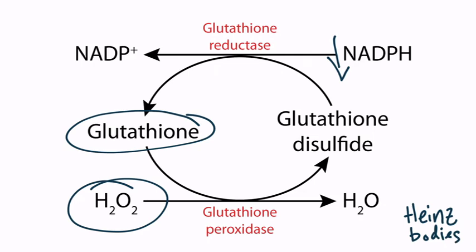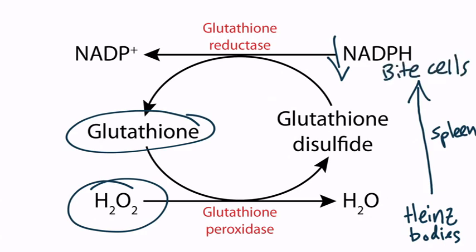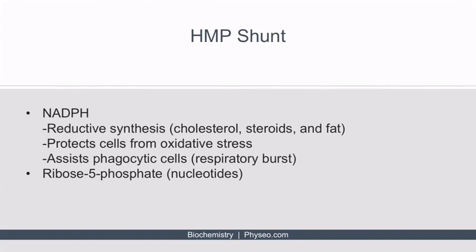As these red blood cells travel through the spleen, the Heinz bodies are removed by splenic macrophages, which results in red blood cells that look like someone took a bite out of them. These are called bite cells. So as the Heinz bodies go through the spleen, the splenic macrophages damage the red blood cells, resulting in the formation of bite cells. Okay, now let's discuss how NADPH assists phagocytic cells.